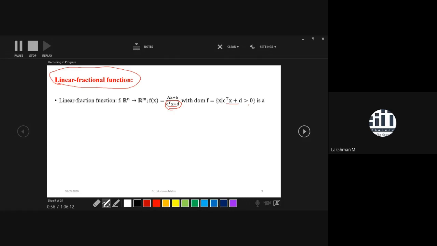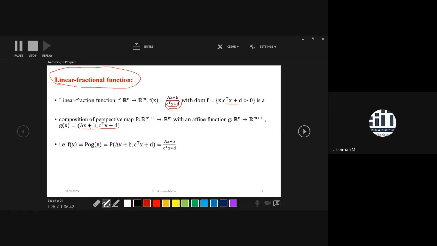So it is a composition. The linear fractional function is a composition of the perspective map from m plus 1 dimension to m with an affine map. G is an affine map, defined so that the first component comes from the affine transformation Ax plus b, and the second component comes from the hyperplane c transpose x plus d.